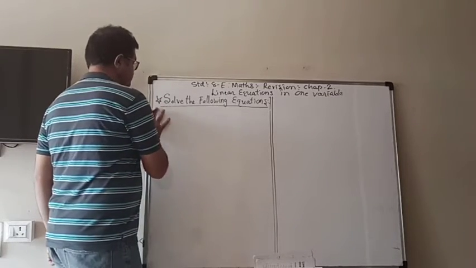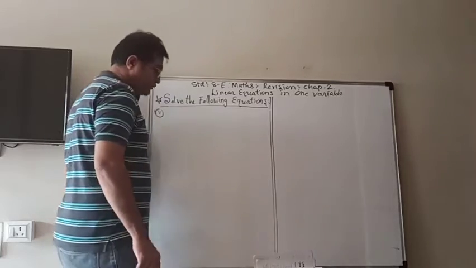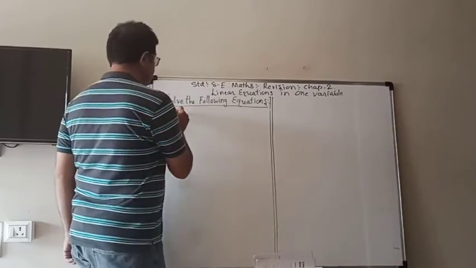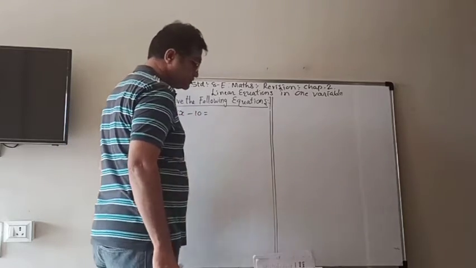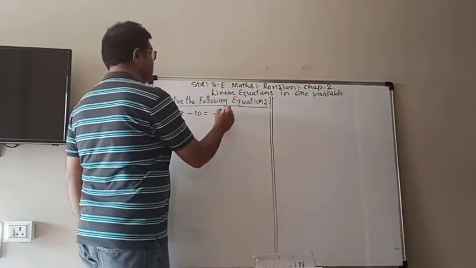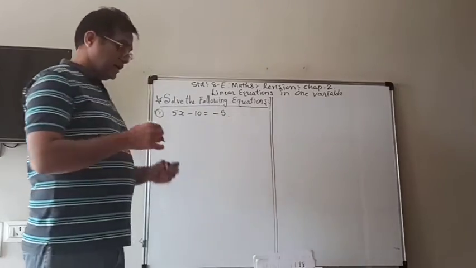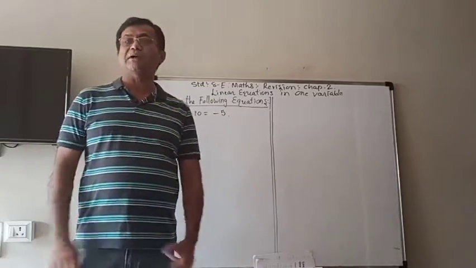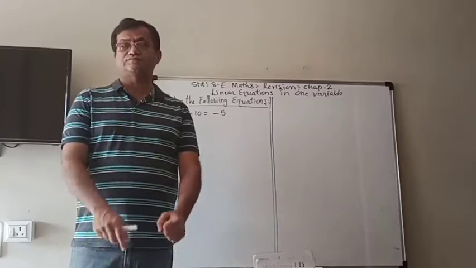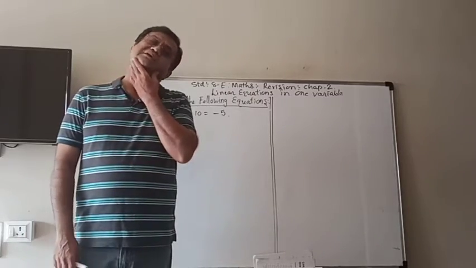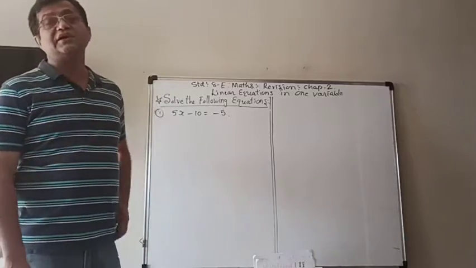First one, solve the following equation. First one is 5x minus 10 equals minus 5. Now I hope you remember the things I told you while solving the linear equation.